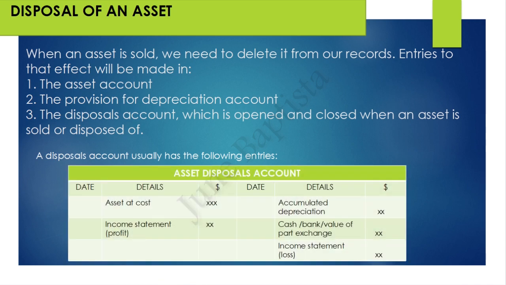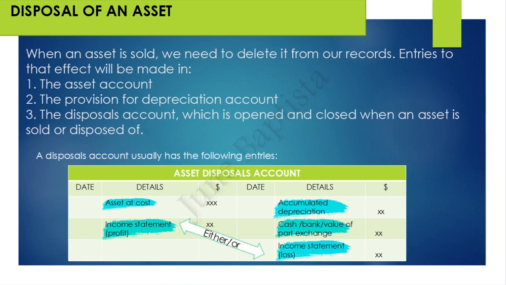On the debit side, the asset at cost price and the profit, if any, made on the sale or disposal. On the credit side, accumulated depreciation, cash received on the sale of the asset, or the value of part exchange of an asset, and the loss, if any, made on the sale of the asset.